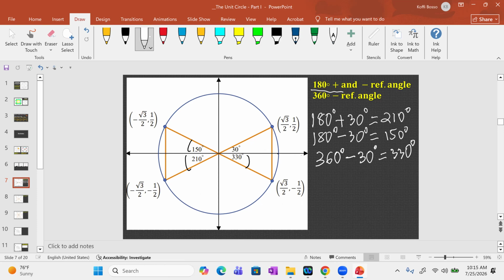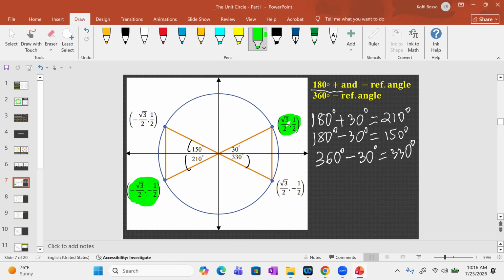So you'll see that the values we have here, radical 3 over 2 and 1 over 2, are related to the angle 30 degrees. You will see the same thing here, except that both values are negative.